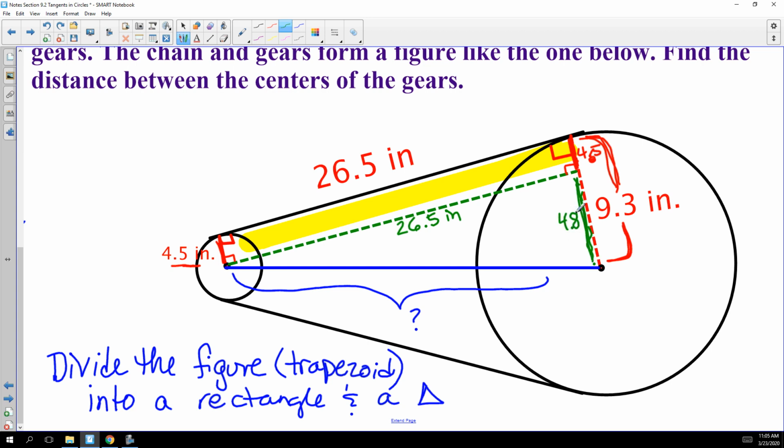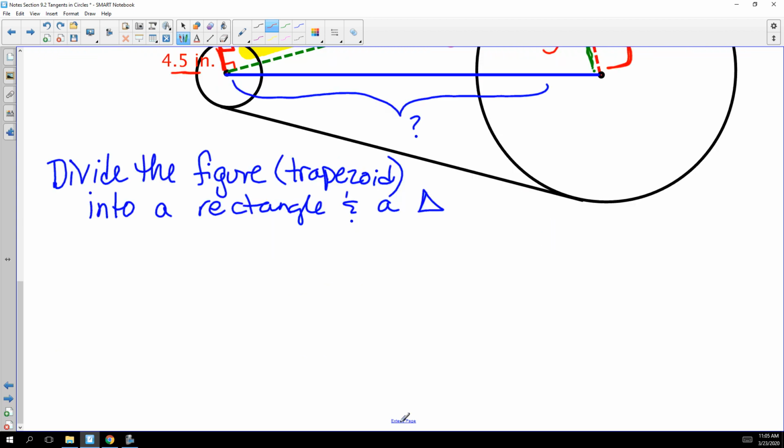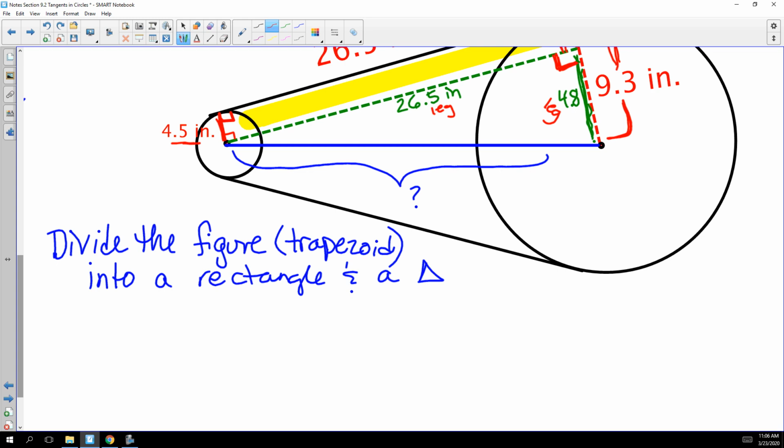Now you can remember that if you had a right angle inside your rectangle here, you can also put a right angle here inside your right triangle. And then you have a leg at 26.5 and a leg at 4.8, and you can do the Pythagorean theorem to figure out the distance between the centers.